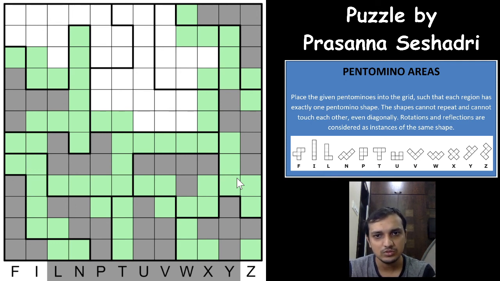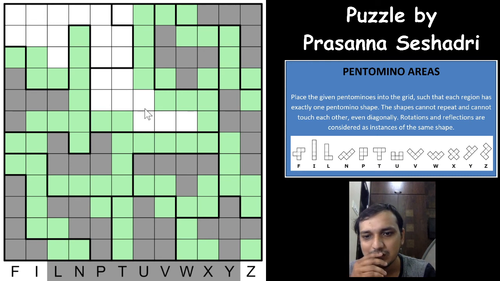So now if you see, this area cannot have the I, this area cannot have the Z as well. There is no way now you can put the Z here, because this cell was most important for the Z to be fulfilled, which means that this area can have only the F now, and there is only one way to fulfill that.